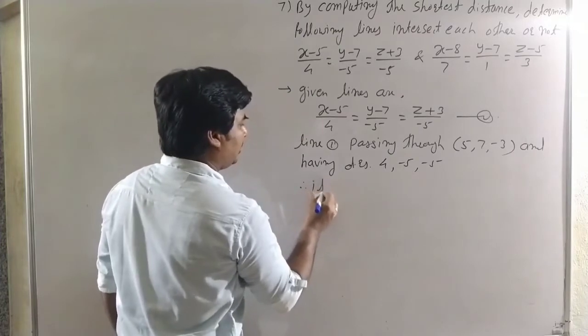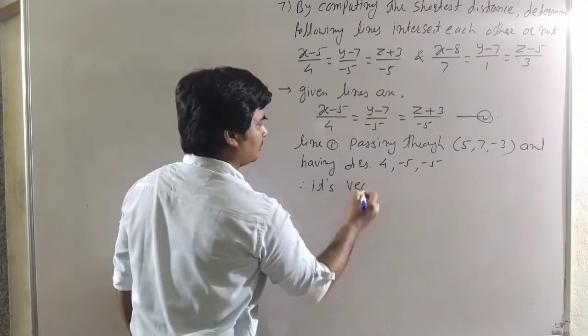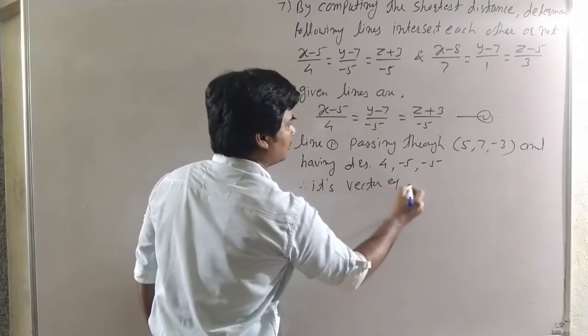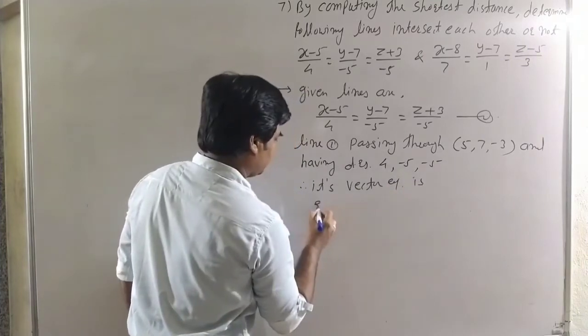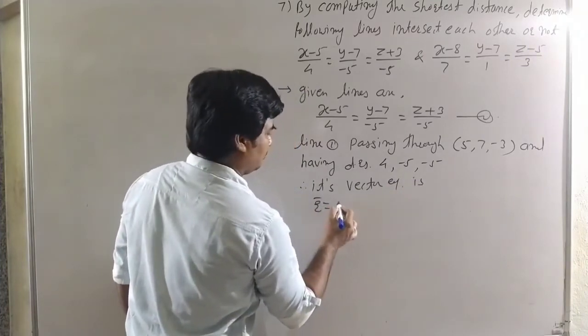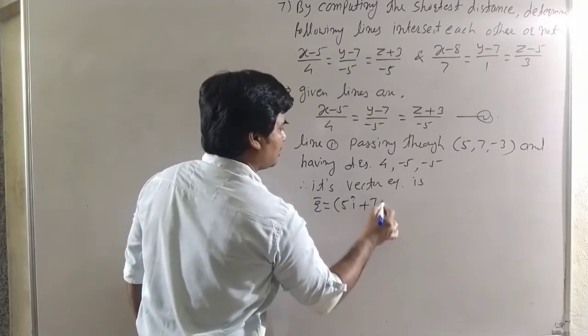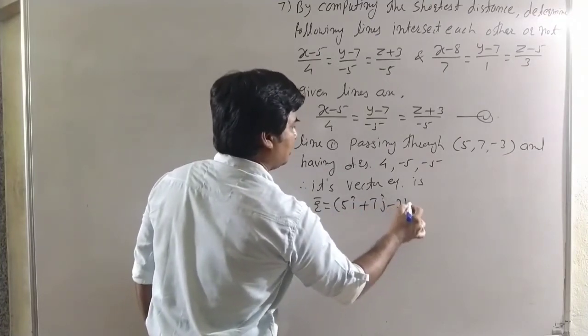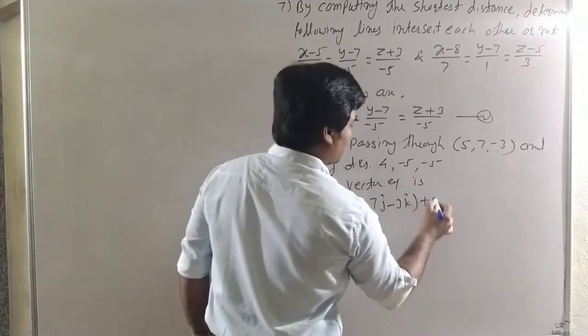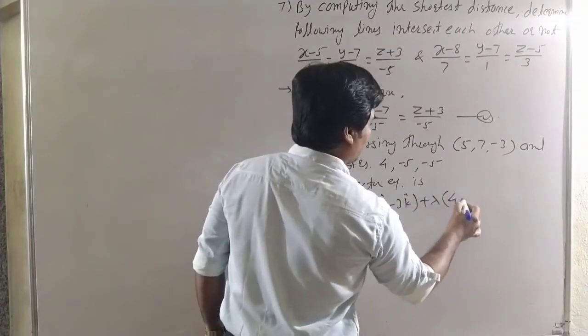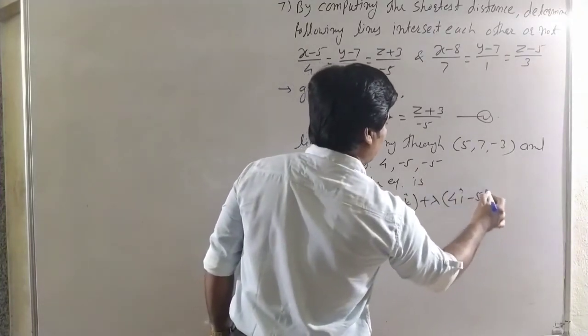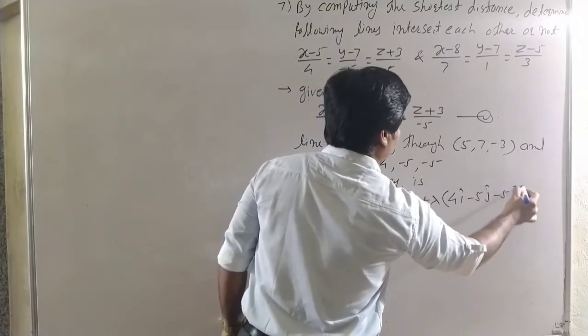Therefore, its vector equation is r bar = 5i cap + 7j cap minus 3k cap + lambda (4i cap minus 5j cap minus 5k cap).